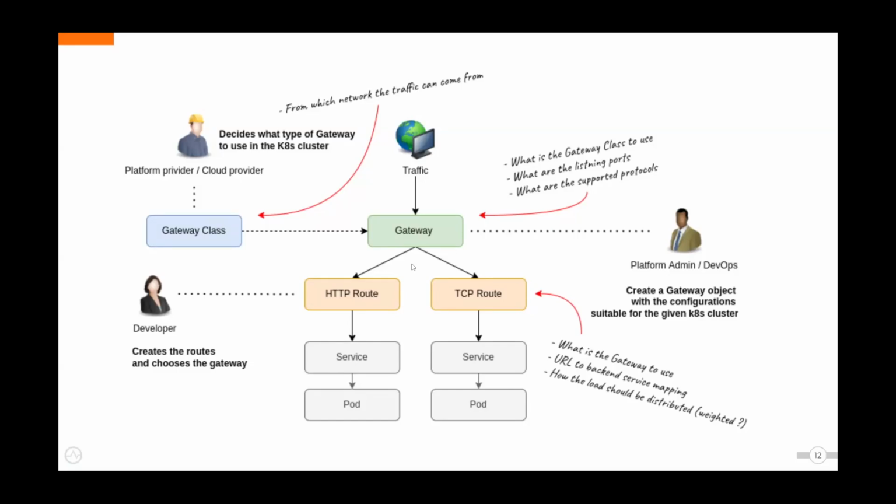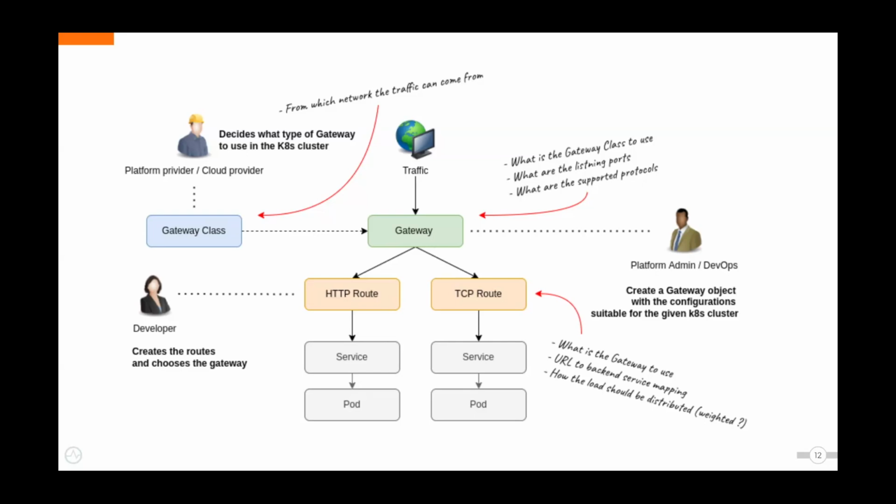So now it is distributed. Earlier, someone had to create the ingress controller, and then developers should know what the ingress controller is. Based on that, they had to do the ingress-related Kubernetes artifact creation. Here, developers don't have to worry about anything. They just have to follow the same structure. And in any infrastructure, if the GatewayClass and the Gateway are there, when you deploy your application, it will automatically connect to the relevant gateway, and then it will work, right?